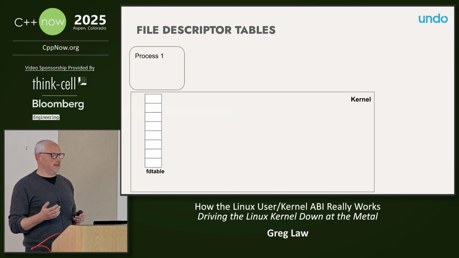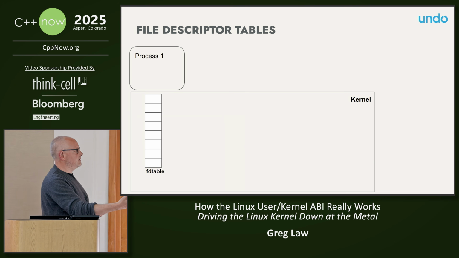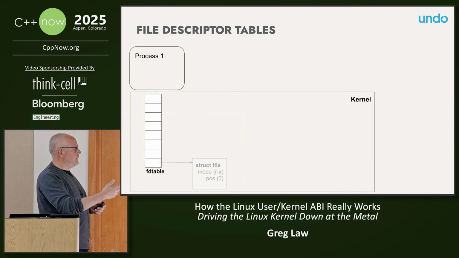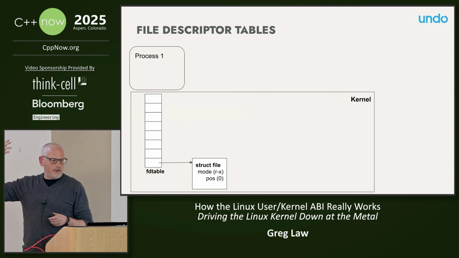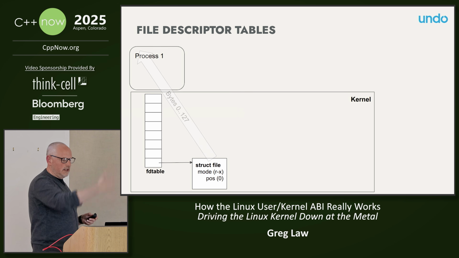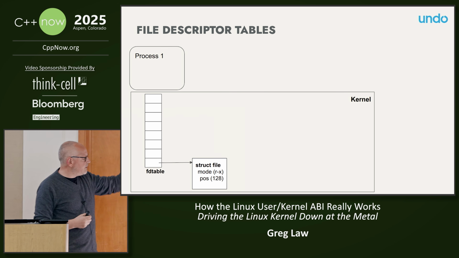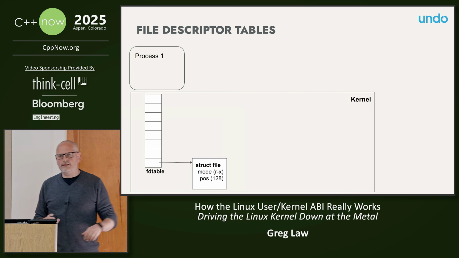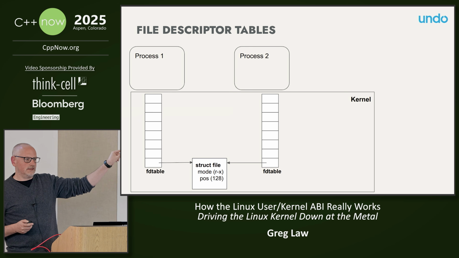So let's say I've got a process and it's got a file descriptor open. There's a file descriptor table inside the kernel on behalf of that process. Let's say it's this last file descriptor here, and that points at a struct file. And let's say that process reads some data, 128 bytes out of that file, then they go into the process and the position in that struct file updates. But let's say there was another process, process 2, that had been forked from this process.